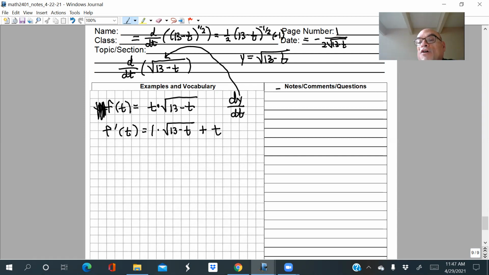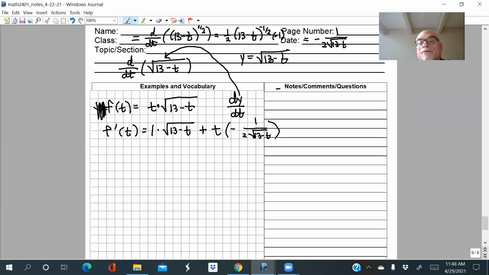It's minus 1 over 2 times the square root of 13 minus t. Let's plug that in now. So you have minus 1 over 2 times the square root of 13 minus t.